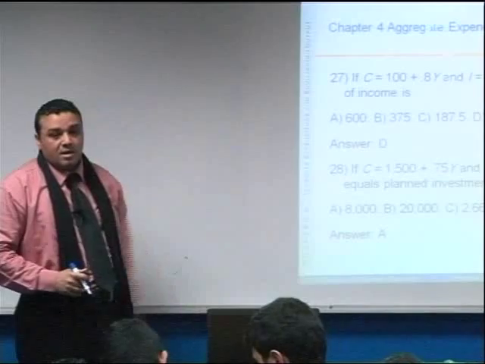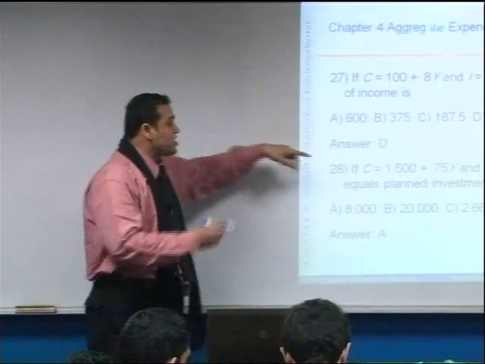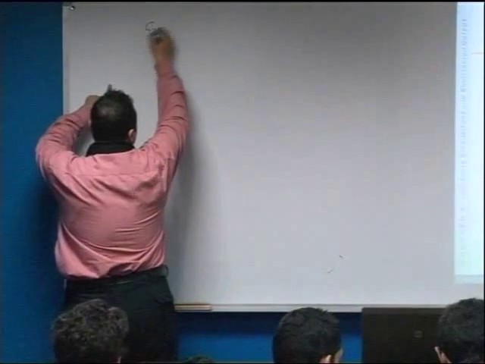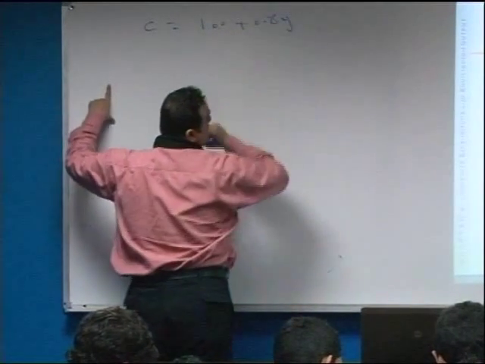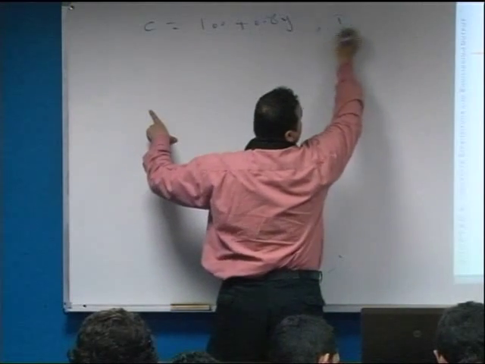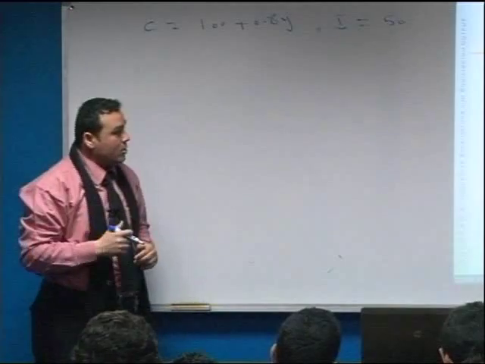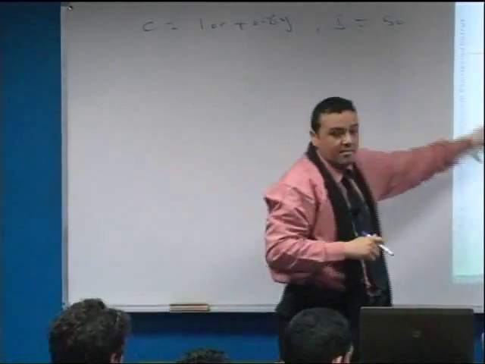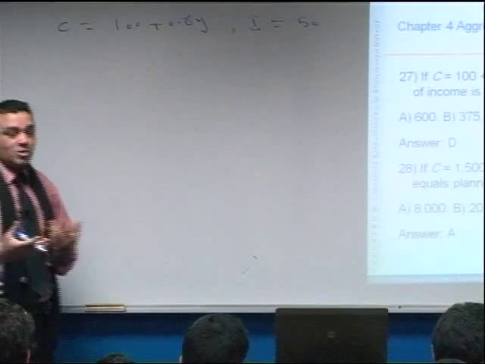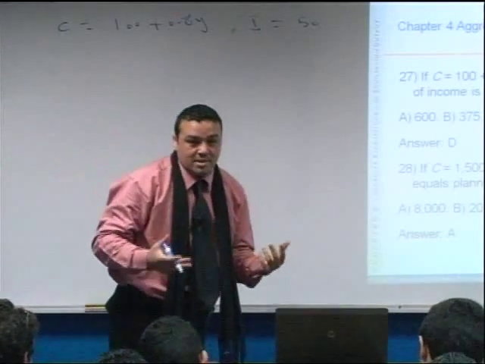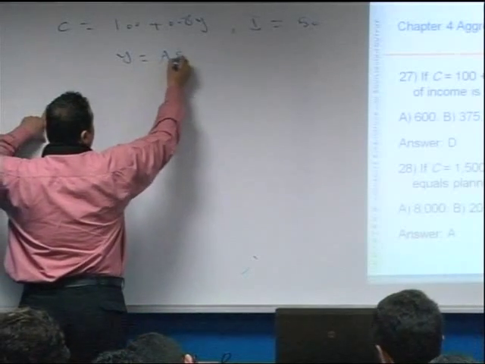As you see in this exercise, the consumption function is C equals 100 plus 0.8y and I equals 50. The question is, the equilibrium level of income is how much? As you know, if there is no government, the equilibrium occurs when Y equals aggregate expenditure.